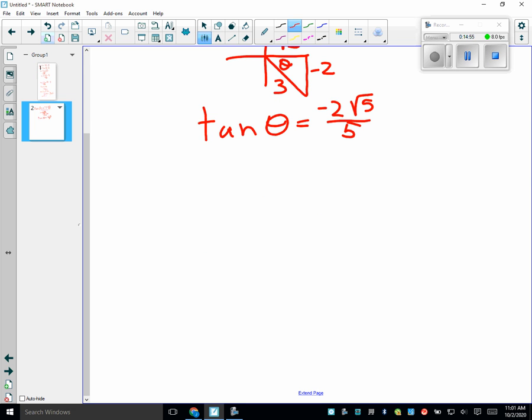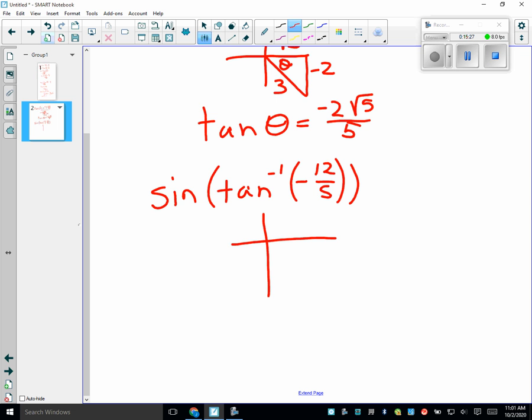Go the other way. Fourth quadrant? Yeah?